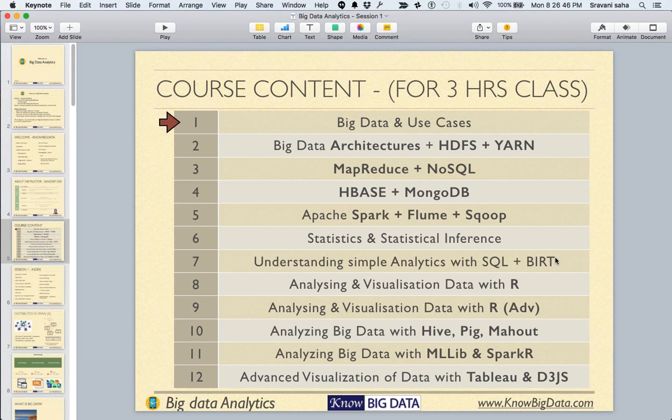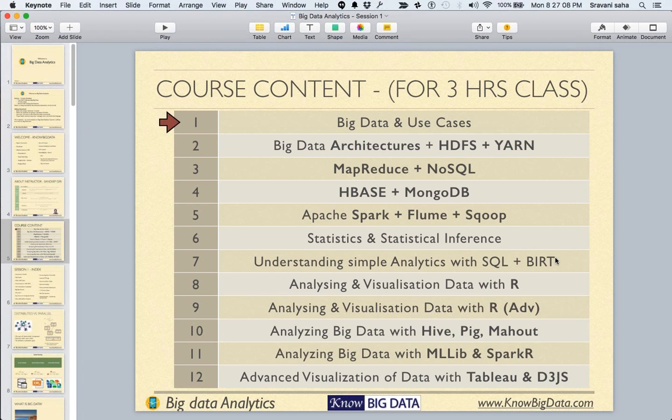As we go forward, we will understand the various difficulties people face in analyzing data, and we will try to address them using R. One part of the whole training is analytics, the other is big data.